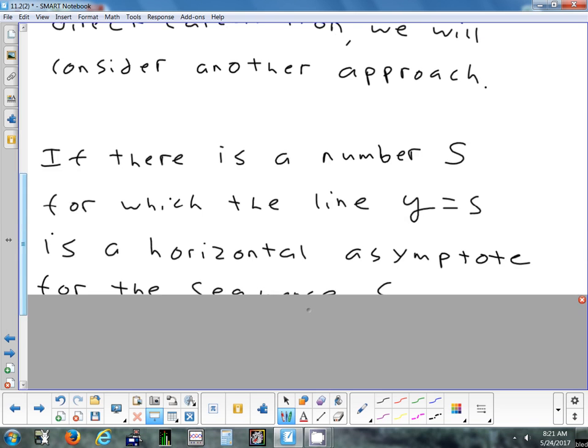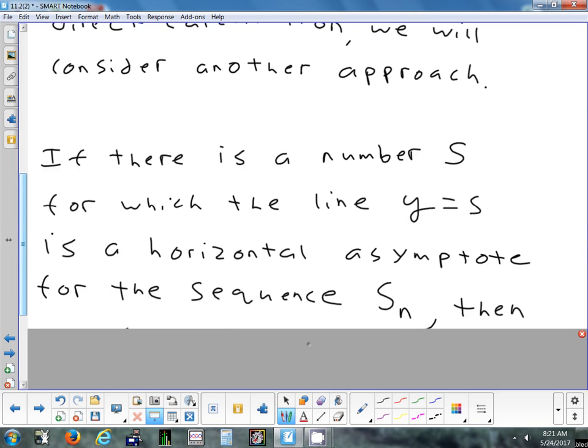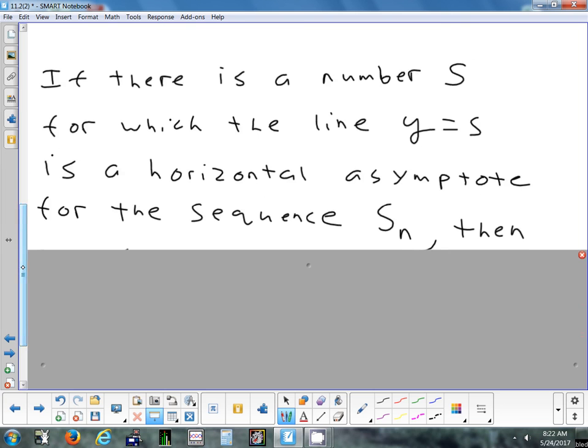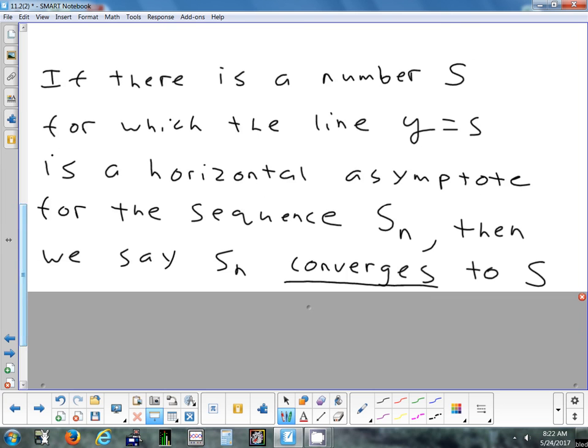If that line is a horizontal asymptote for the sequence S sub n, which means you need to figure out the formula for the sequence so you have something to look at, then we say S sub n is converging. Converging means that it's adding up to something. If it's not adding up to something, we say it's diverging.